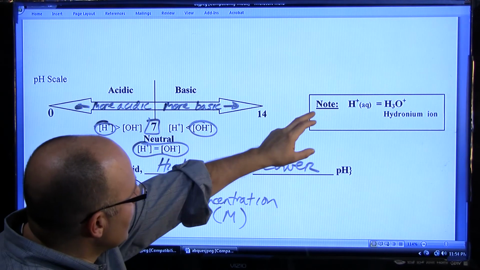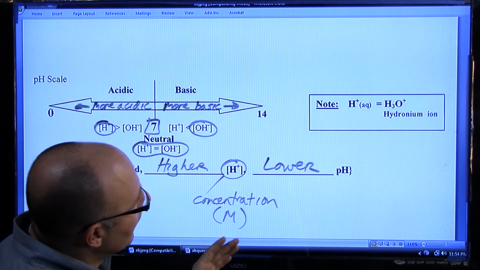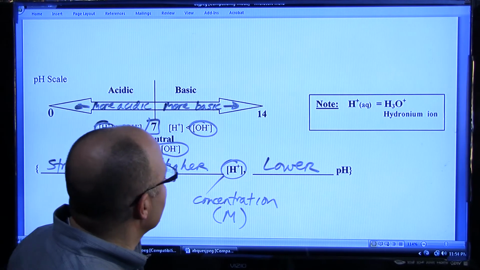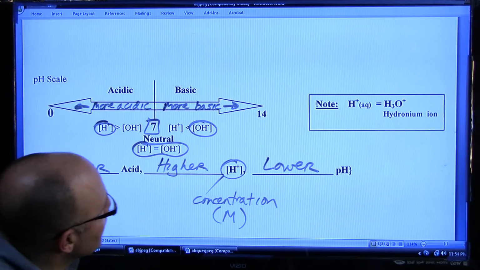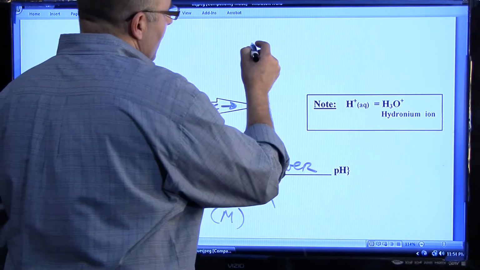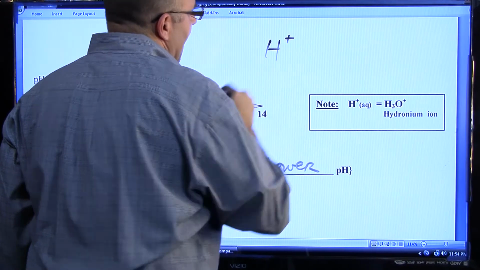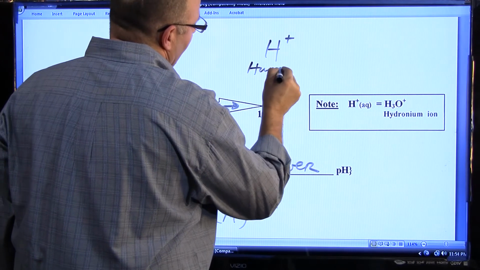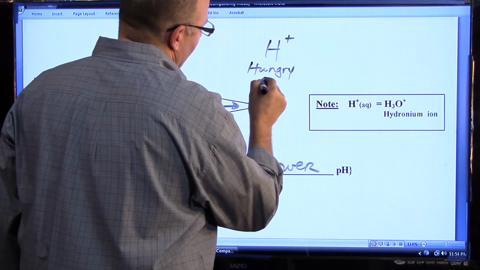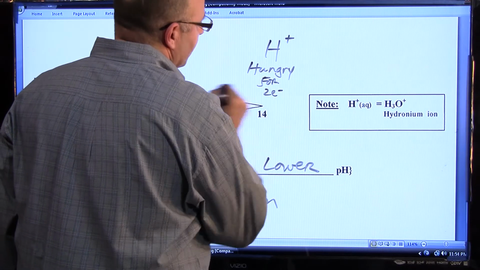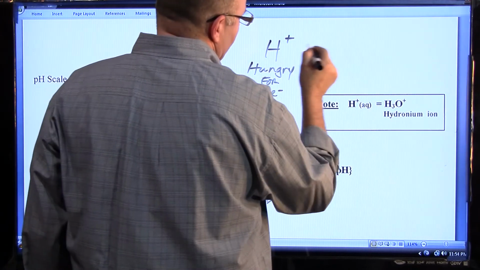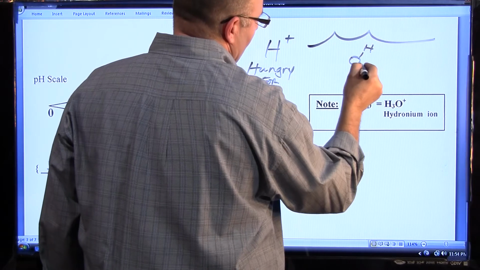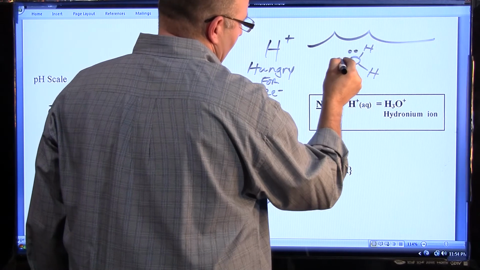One other note I put here is that a hydrogen ion in water, an H plus aq, technically speaking, is a hydronium ion. And what they mean by that is this. Let me just draw that for you here. A hydrogen ion, you see, is a very reactive species. And so the hydrogen ion is hungry for 2 electrons. And so a hydrogen ion in water would not stay by itself.